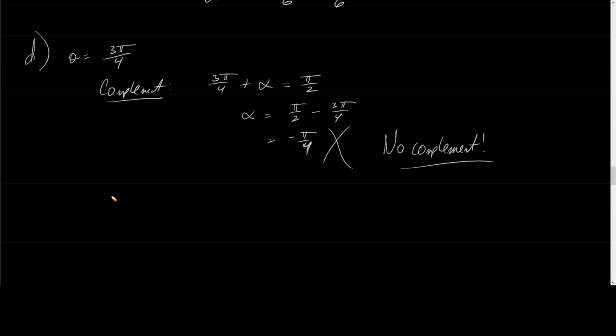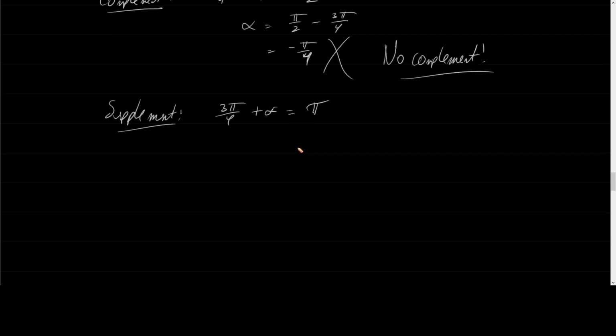But does it have a supplement? The supplementary angle, we would say, well, we need to have 3 pi over 4 plus some angle alpha would have to be equal to just simply pi. So that tells us that alpha would be pi minus 3 pi over 4, which is just 1/4 of pi, right? In here, that would be our supplementary angle.